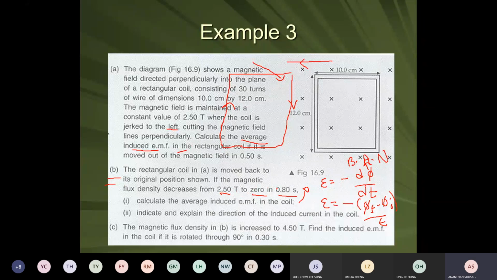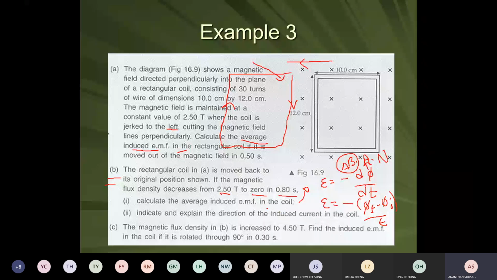Magnetic field drops from 2.5 to 0. Because there is a change in B, there is a change in flux. Is flux dropping or rising? Original flux was 2.5, very high magnetic field, then later becomes 0. So flux is dropping. Final flux is smaller than the initial flux.